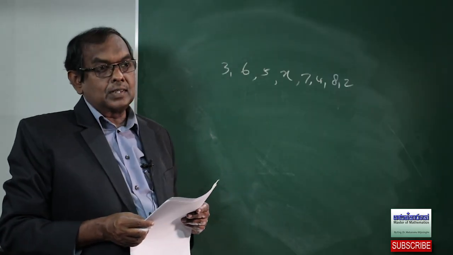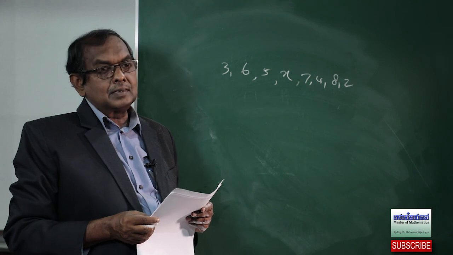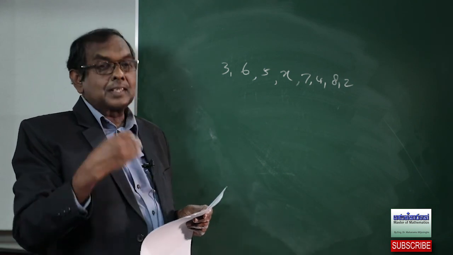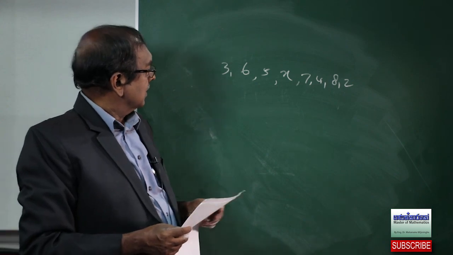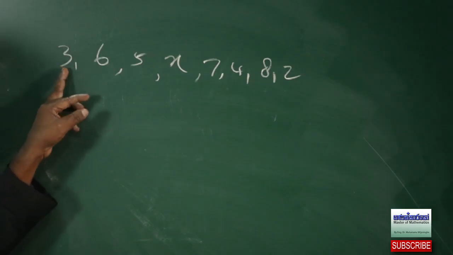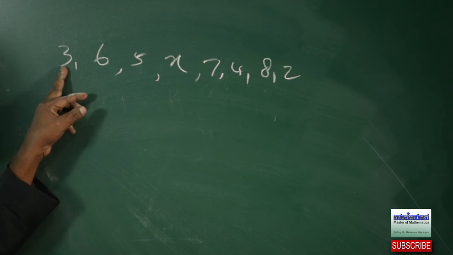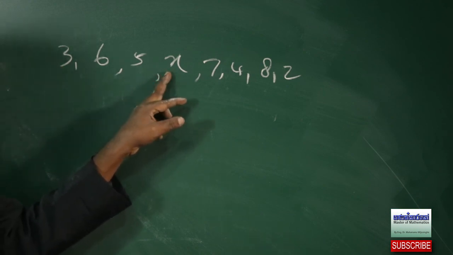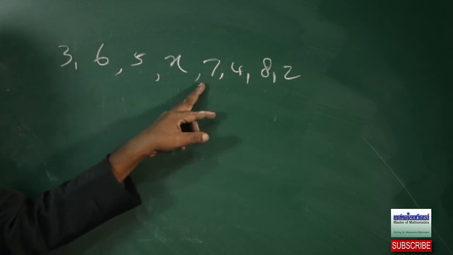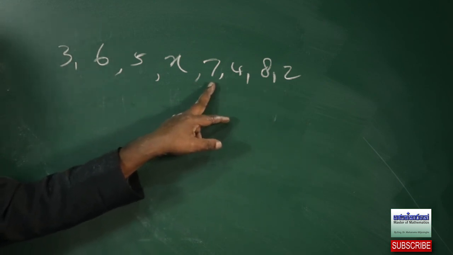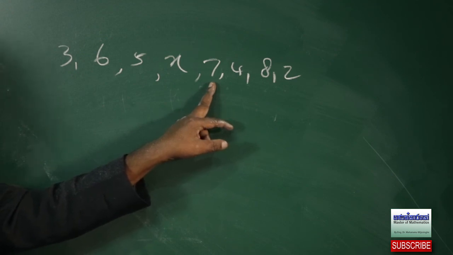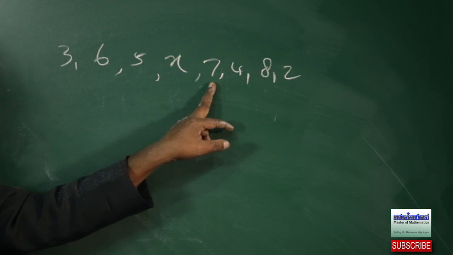What is the meaning of mode? Mode is the number with the maximum frequency. Here 3 appears only once, 6 only once, 5 only once, and all the numbers mentioned here appear once. But it is mentioned that 5 is the mode.